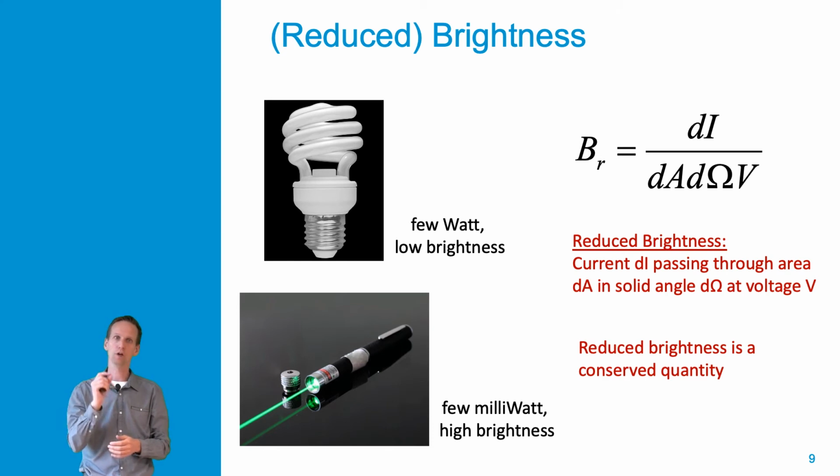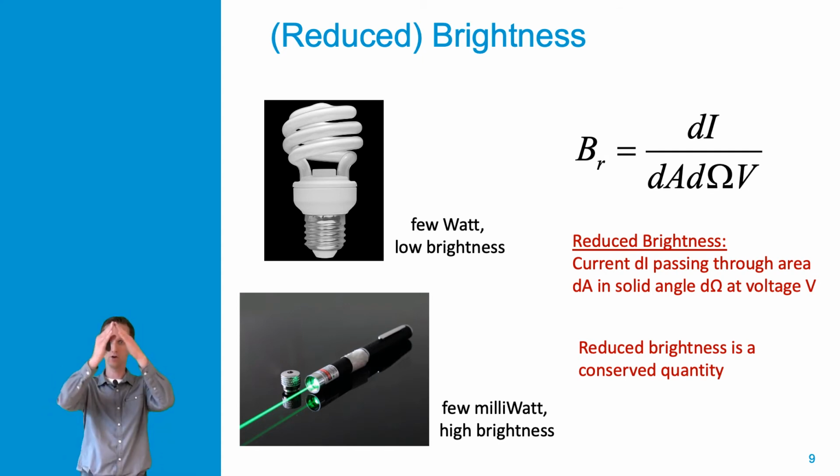So we look at a small fraction of area and a small fraction of solid angle in which a small fraction of current is emitted, which is why we have the subscript d here for all the quantities. So now the brightness is given by the amount of current dI passing through an infinitely small area dA into a solid angle d omega.